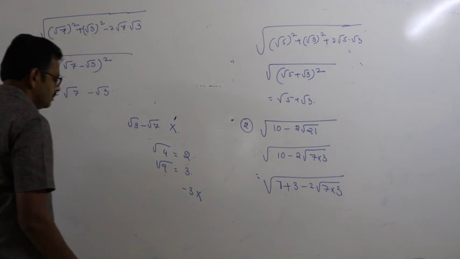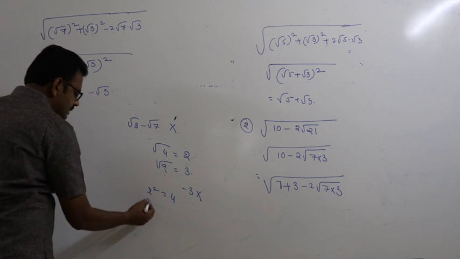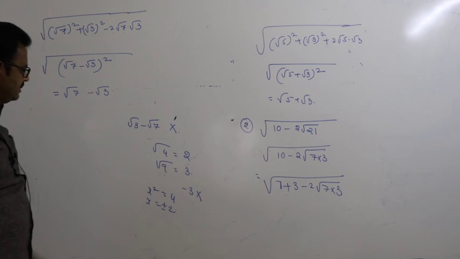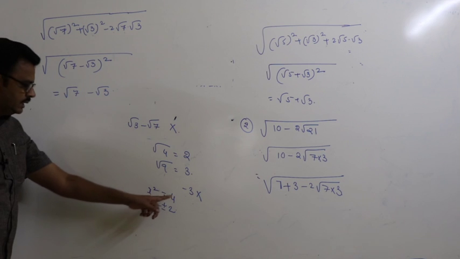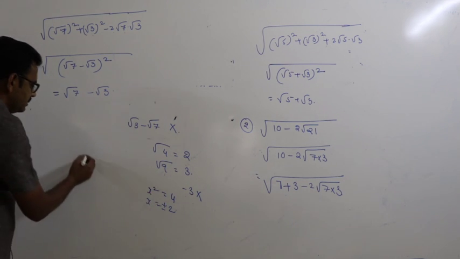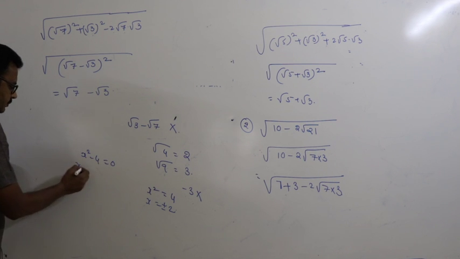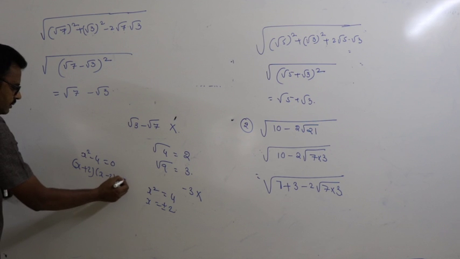But here, suppose x square equal to 4, x is equal to plus or minus 2. So this is an equation. X equal to 2, 2 square is 4. X equal to minus 2, minus 2 whole square is 4. That means, see here, x square minus 4 equal to 0. If I write the factors, x plus 2 into x minus 2 equal to 0.